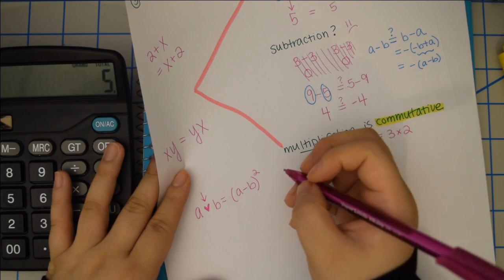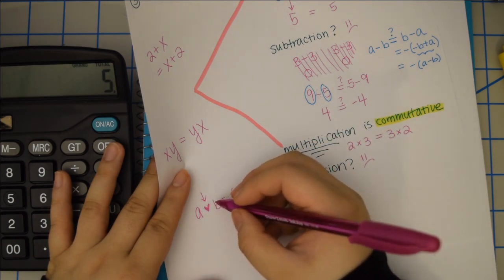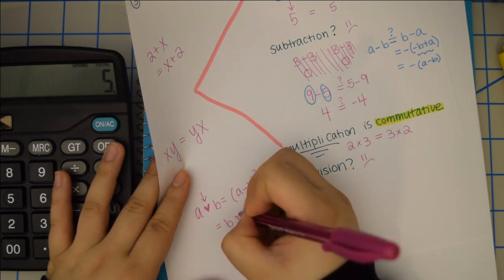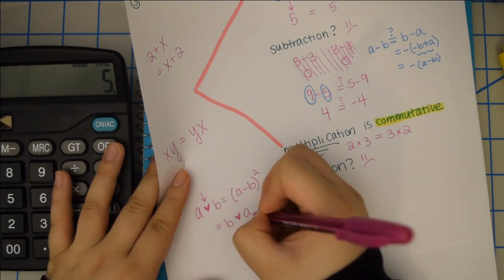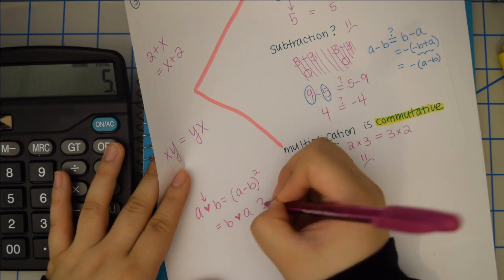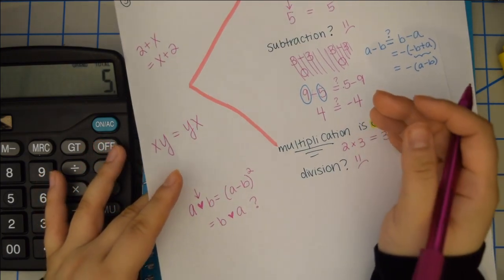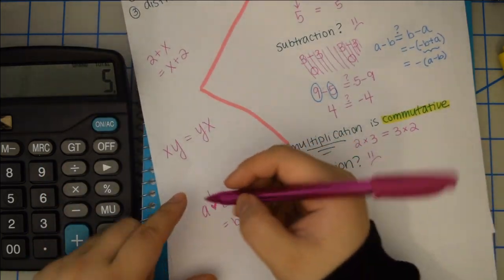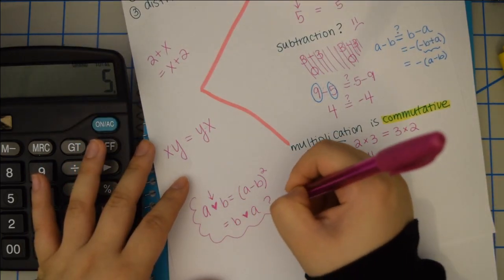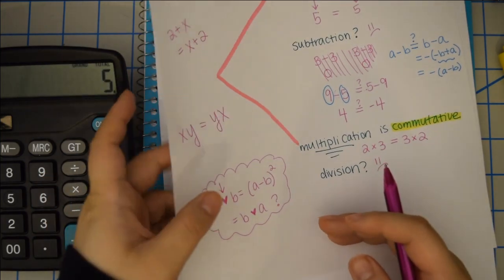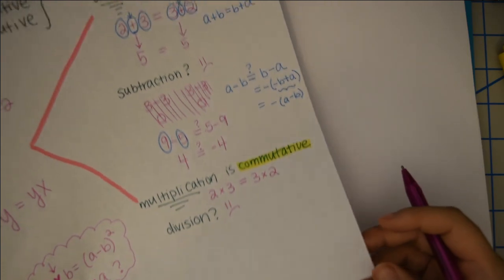And you can try out if a heart b is the same as b heart a. And if you get the same thing, then it is commutative, and if you don't, then it's not. Okay? So this is a fun little thought experiment that sometimes shows up on tests and stuff, so I just wanted to throw that out there for now. We might revisit it.